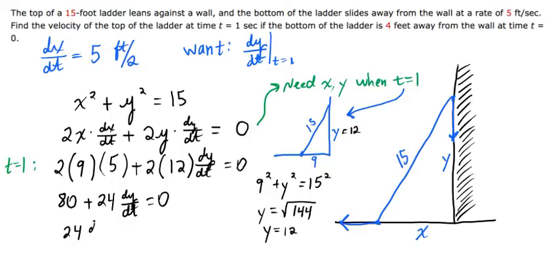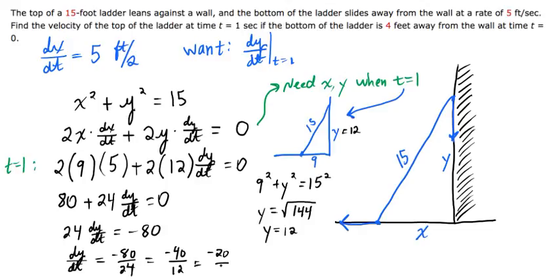So 24 dy/dt equals negative 80. So dy/dt is negative 80 over 24, which I'm sure reduces a bit here. Dividing by 2 is negative 40 over 12. We can write negative 20 over 6, or negative 10 thirds would be the exact value. And we are in feet per second. So that's the speed at which the top of the ladder slides down the wall. Now, it's negative because y is decreasing.